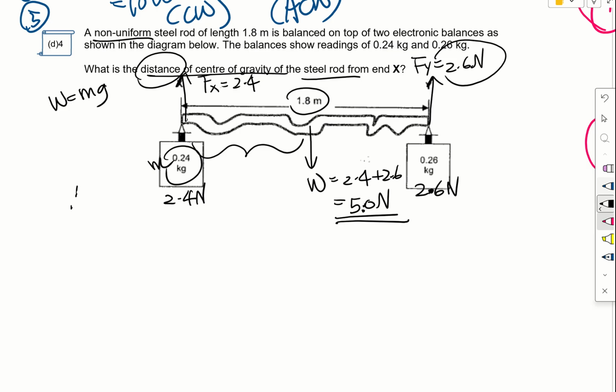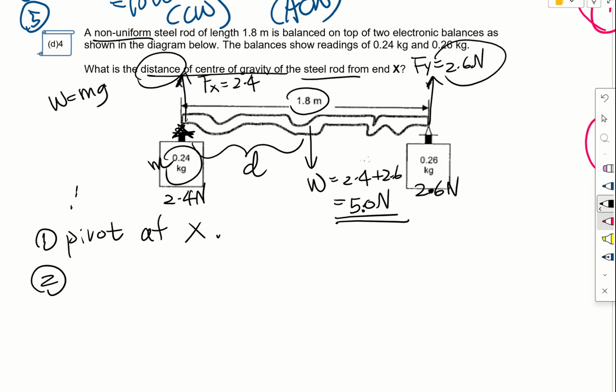Let's call it D. So that is the distance of the center of gravity of the steel rod to NX. And I'm going to make the pivot to be at X. So this is the pivot at X. So this is my first step.